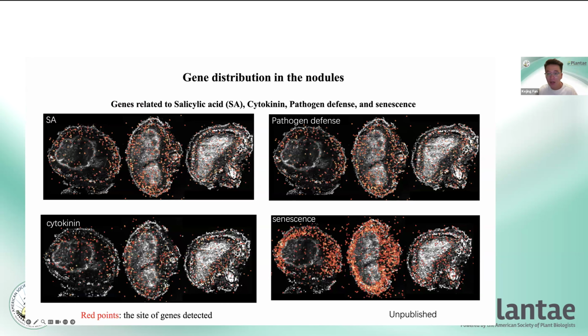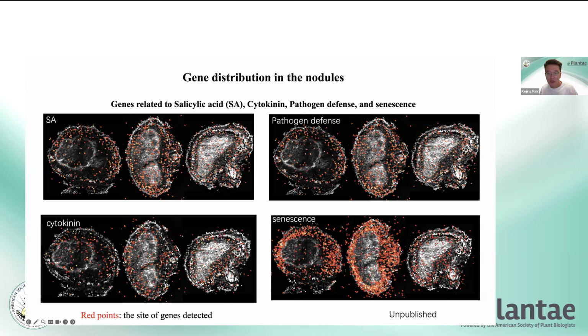NOPI also showed an effect on the pathogen defense pathway and on nodule senescence-related pathways. So we checked the plant pathogen defense gene distribution and senescence-related gene distribution. We found that these plant pathogen defense-related genes and senescence-related genes were all enriched in the inner cortex or outer cortex region.